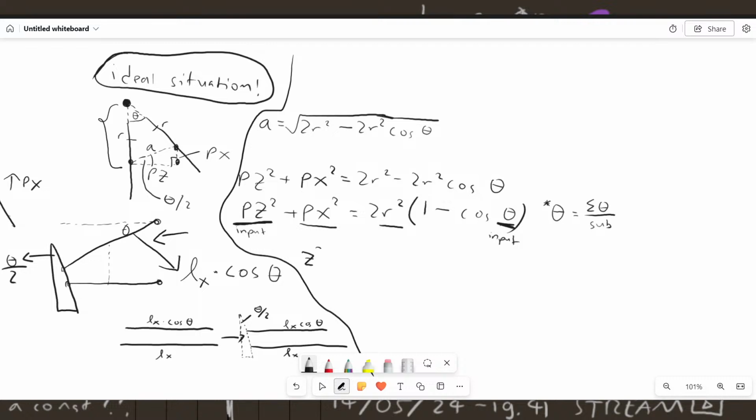So z squared plus px squared, square root. Oh wait, this word is clear. Okay, yeah. So we need z squared plus, I'm just going to simplify it to a squared first.